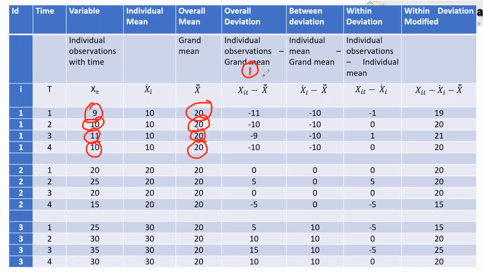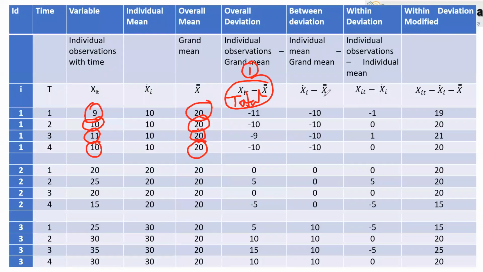This is called total deviation, because we are calculating the difference from the total. How much each value differs from the grand mean. So we are comparing with the total grand mean.